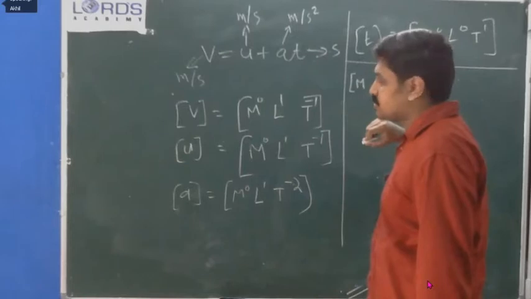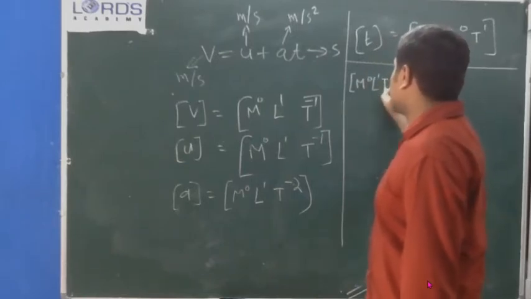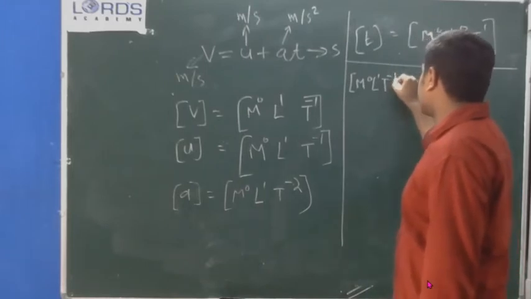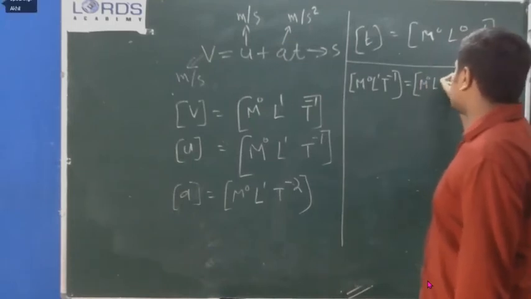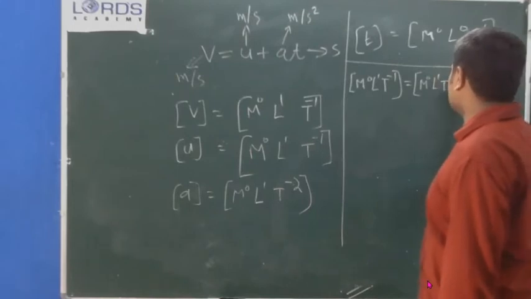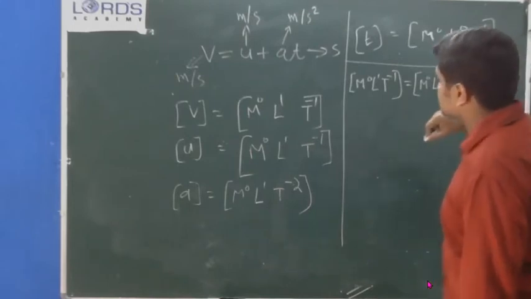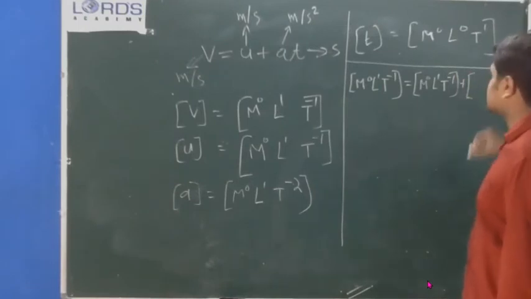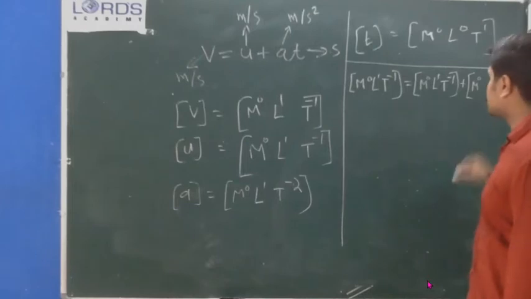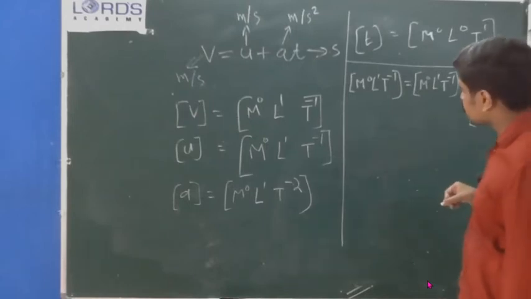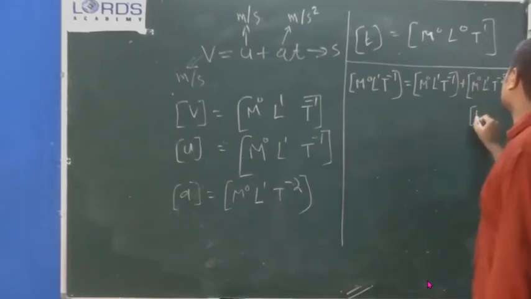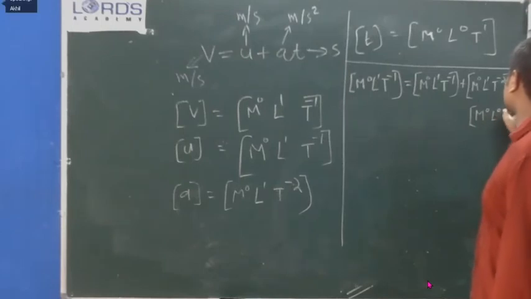M raised to 0, L raised to 1, T raised to minus 1, is equal to M raised to 0, L raised to 1, T raised to minus 1, plus M raised to 0, L raised to 1, T raised to minus 2, into M raised to 0, L raised to 0, T raised to 1. Okay, fine.